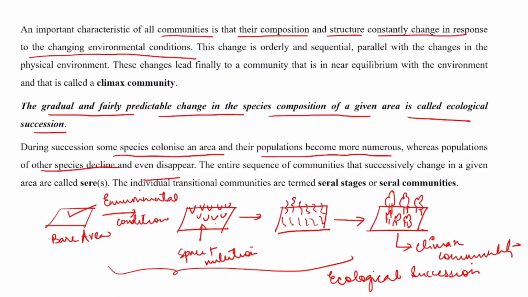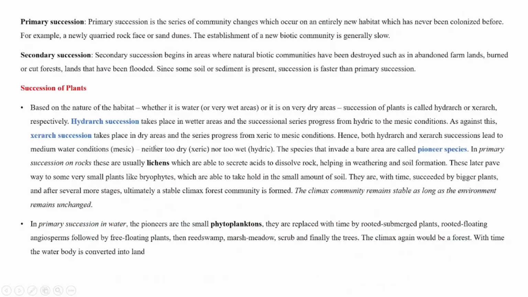You see, the grasses have been replaced by another one, right? So these changes in the species we call transitory changes, or several transitory stages. Clear? That is what ecological succession is.